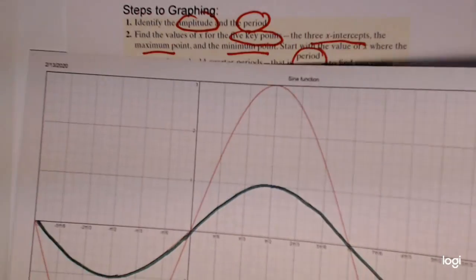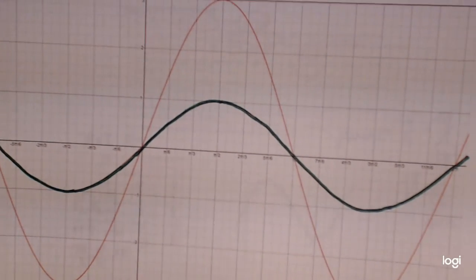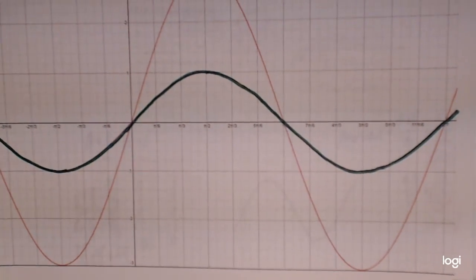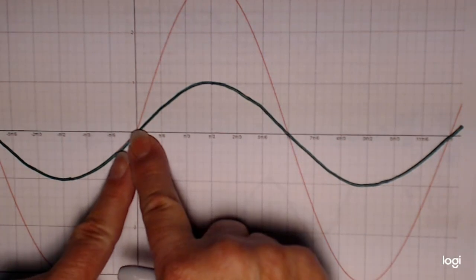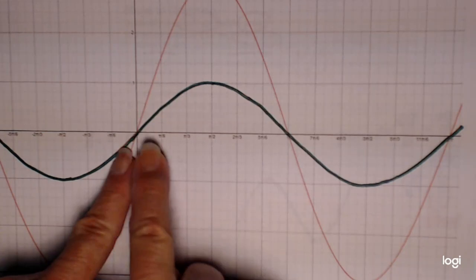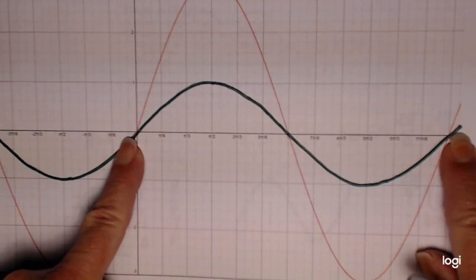So on Desmos, I have graphed this so you can see what this would look like. So here, this green function here is our basic sine function where we have an amplitude of 1. So you can see between 0 and 2 pi, there's our 1 period of a basic y equals sine x function.